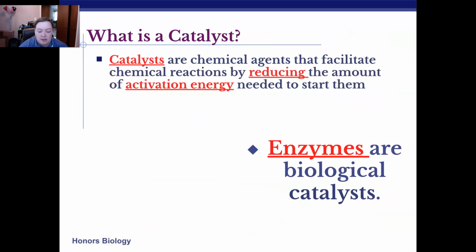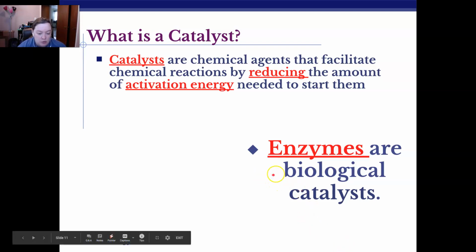So a catalyst, again, I mentioned this before, but catalysts are chemical agents that facilitate or help out chemical reactions by reducing activation energy. So they speed up chemical reactions by lowering that speed bump. Catalysts get reactions started. So an enzyme is a catalyst, specifically a biological catalyst, which means it works in the body of living things.